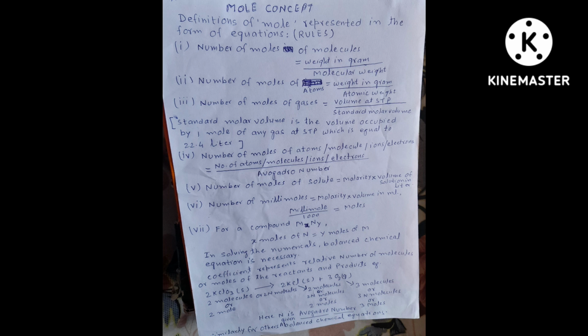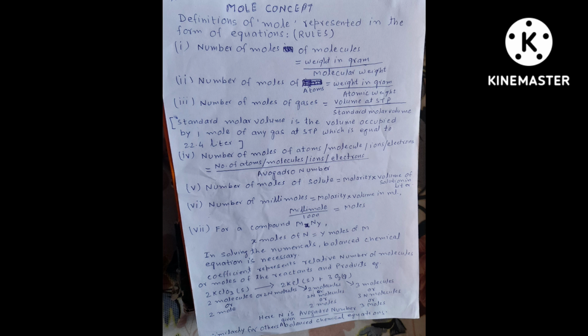Then its percentage will come 52.14%. Same way, mass percent of hydrogen. Here 6 hydrogen is there, then 6 into 1, or exactly 6.048 gram, divided by 46.068 into 100.